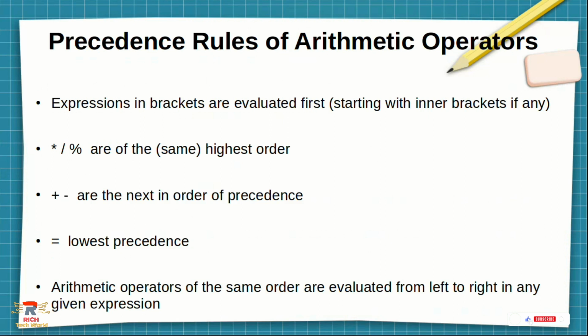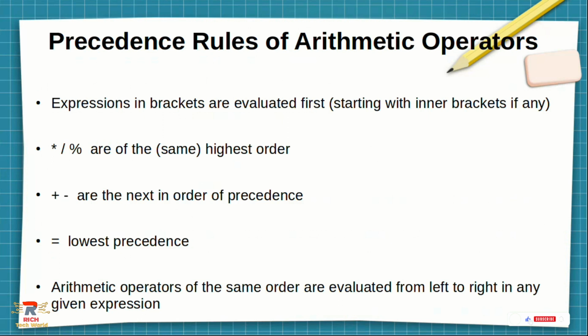The next rule is that arithmetic operators of the same order are evaluated from left to right in any given expression. Let me explain this with an example. If you have the multiplication operator and the division operator in one expression, since they are all of the same highest order, you are going to start evaluating from left to right.